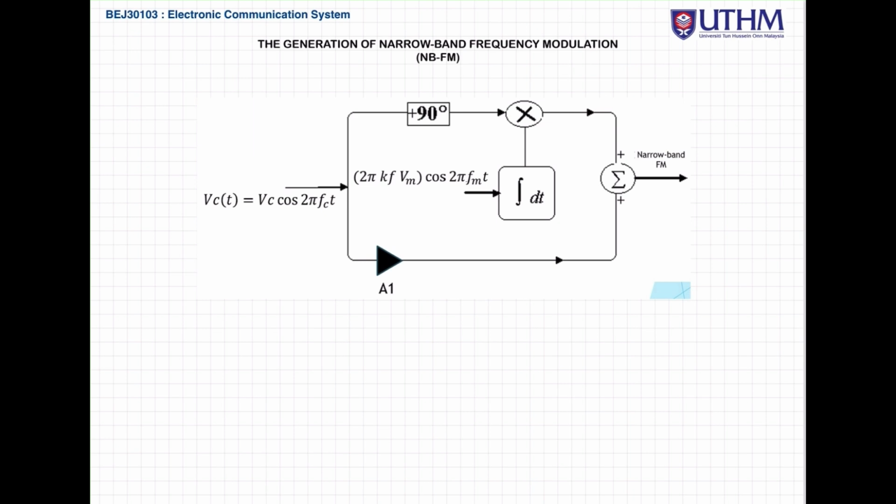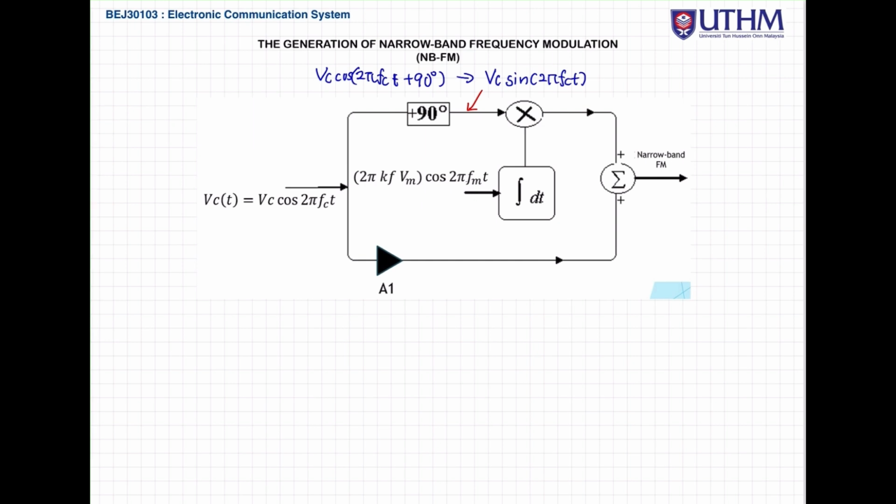So what happened here? Vc cos 2π fc t, having a 90-degree shift, means the cosine wave becomes a sine wave: Vc sin 2π fc t at this point.